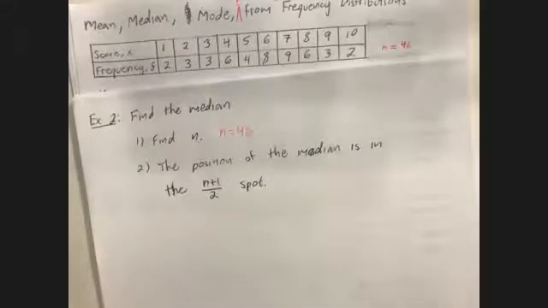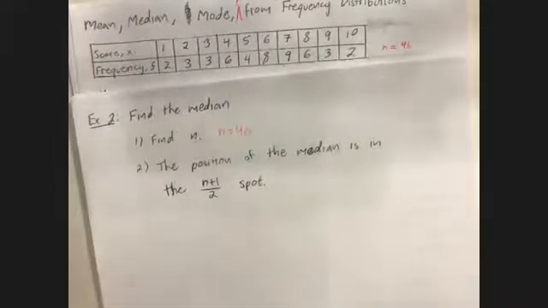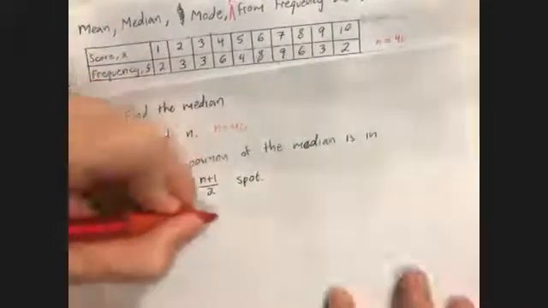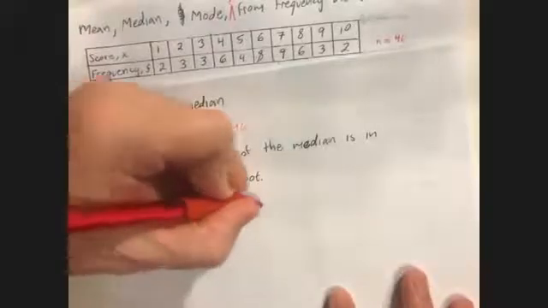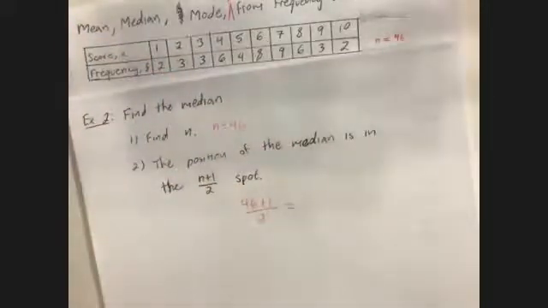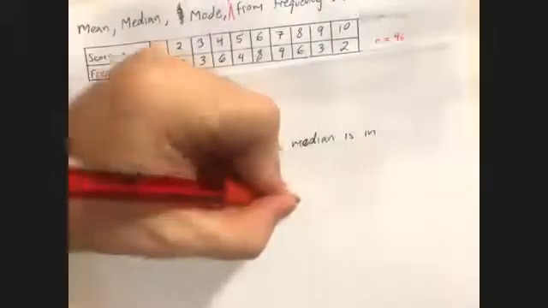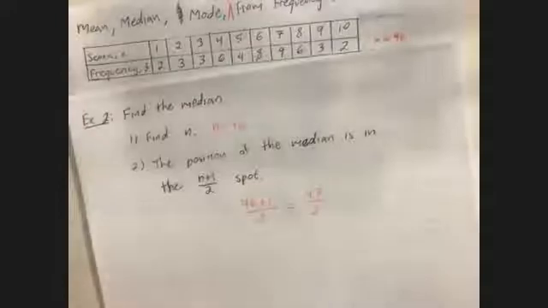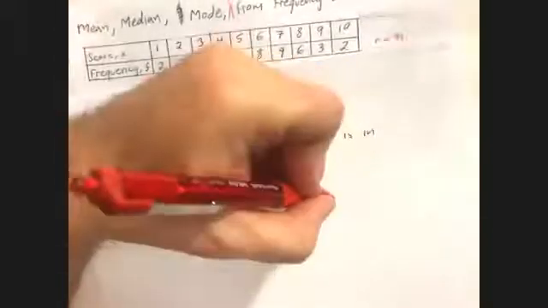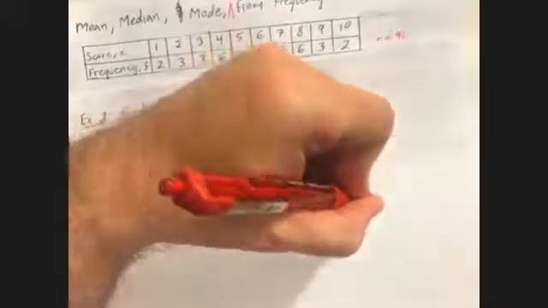So let's do that calculation real quick. Okay. The (n+1)/2 spot would be (46 plus 1) over 2. I'm going to get a decimal, right? That's going to be 47 over 2. 47 divided by 2 is 23.5.